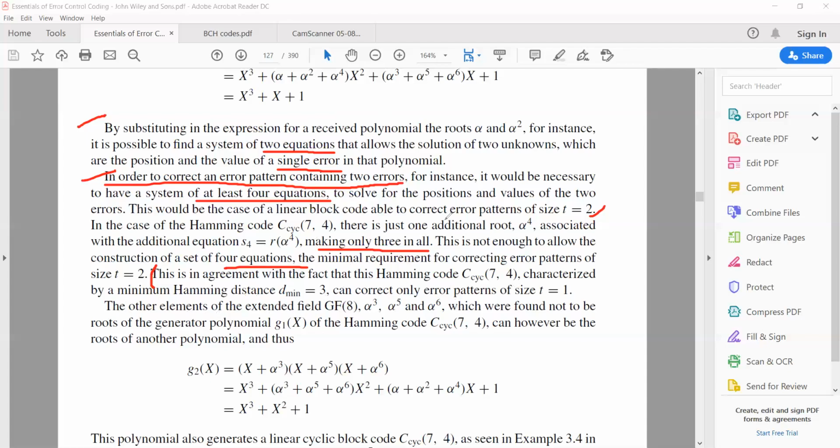But the thing is that when we are concerned about calculating two errors, we need 4 equations, but we have only 3 roots: alpha, alpha square, and alpha to the power 4, right?